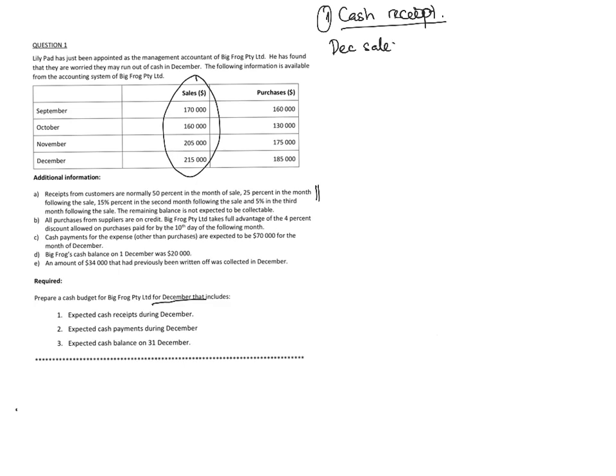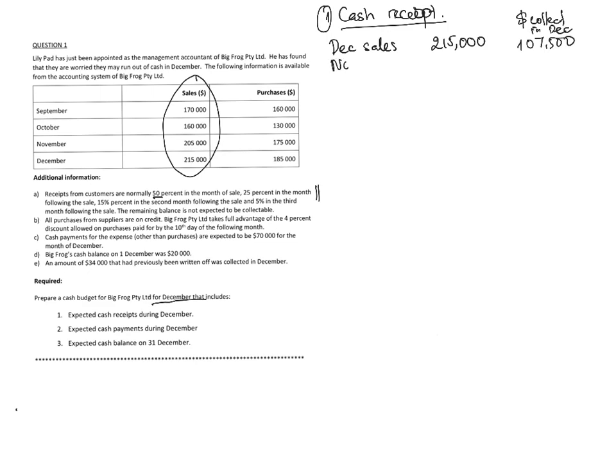The December sales is 215,000. We know that we collect 50% of December sales in December, so we take 215,000 times 50%, and we got 107,500.